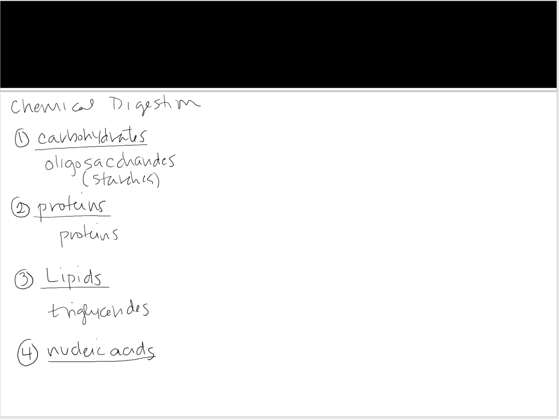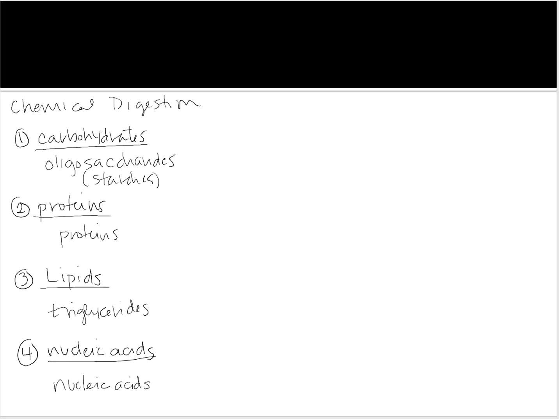And when we're talking about nucleic acids, we're talking about nucleic acids. So these are our complex macromolecules that we see here: oligosaccharides, proteins, triglycerides, and nucleic acids. But these need to be broken down into their basic building blocks.